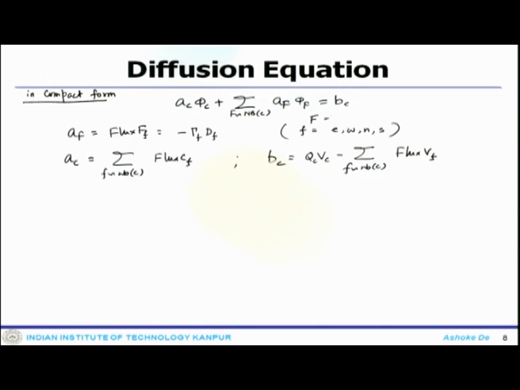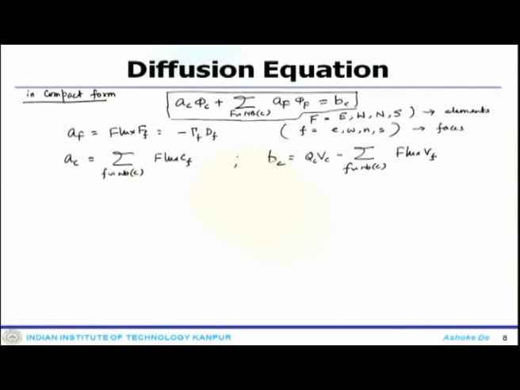And capital E, W, N, S stand for the cells or elements, and small f is the face. These are the corresponding faces. So, the capital F and small f correspond to two different things. Please note that they are not the same, one corresponds to the cell, the other one to the face.